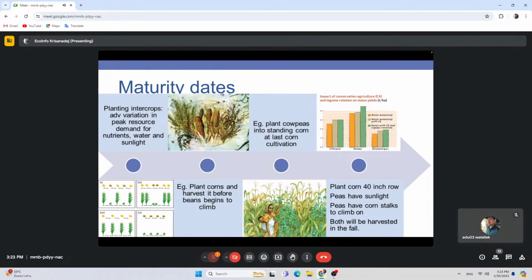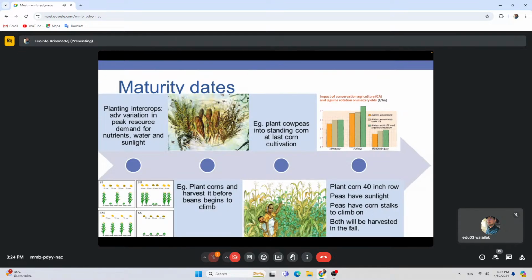Let's say this plant requires high nutrient in January, but the one down below requires it in March, for example. So they do not compete for the same nutrient at the same time. So this is good. That's why you have to make sure that the peak resource demands are not happening at the same time.